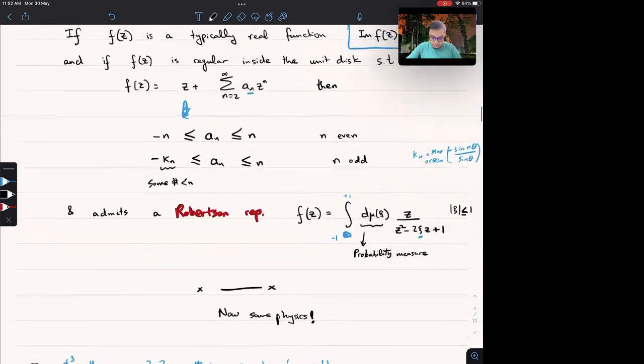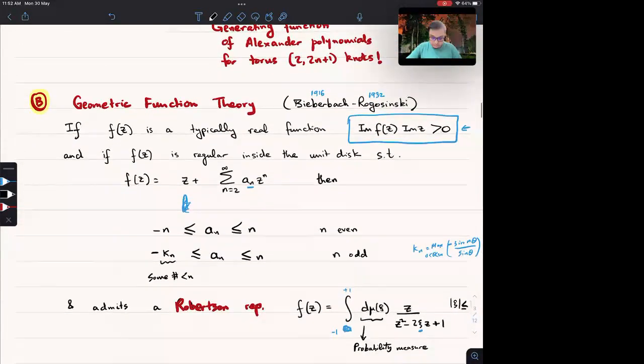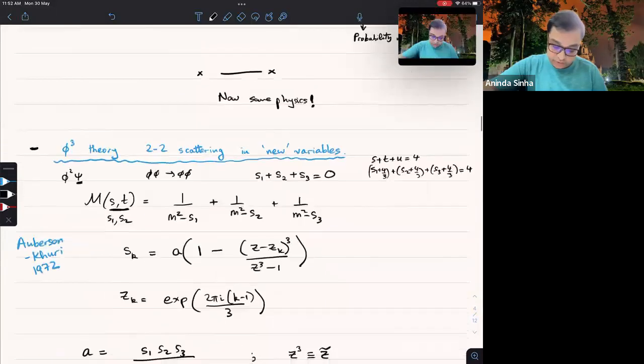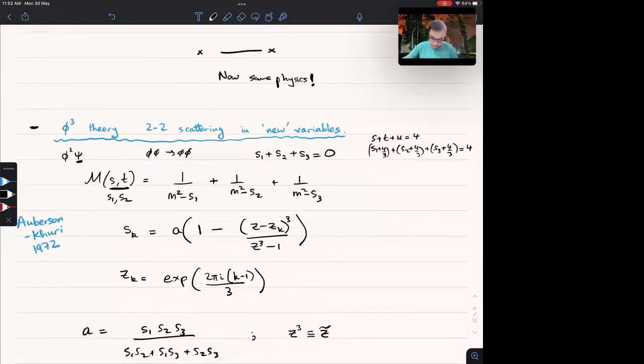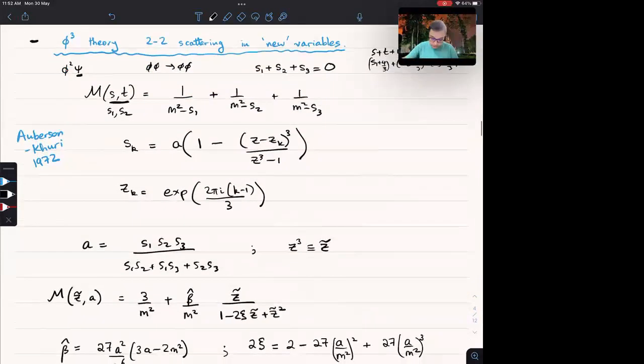The 1 by m square minus S1 plus 1 by m square minus S2. This is just three terms.